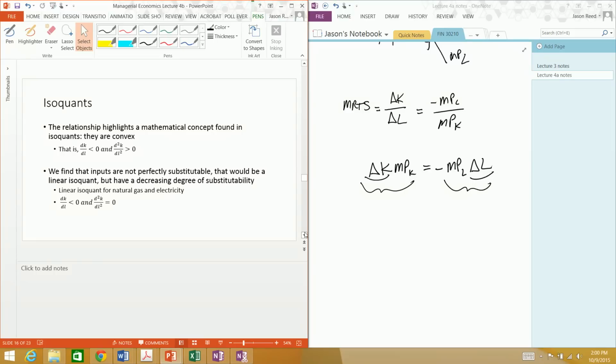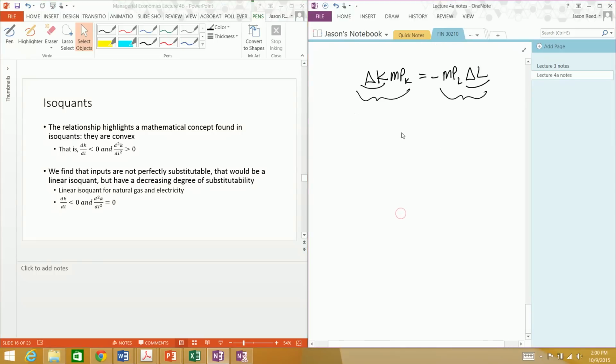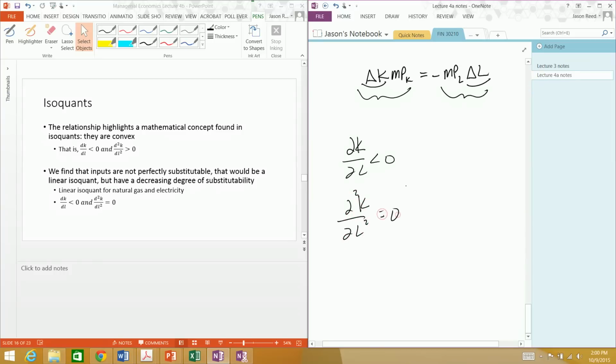So if we think about this a little bit, that would mean that our first derivative is less than 0 and our second derivative is equal to 0. The only way that this occurs is if the MRTS is a constant value.